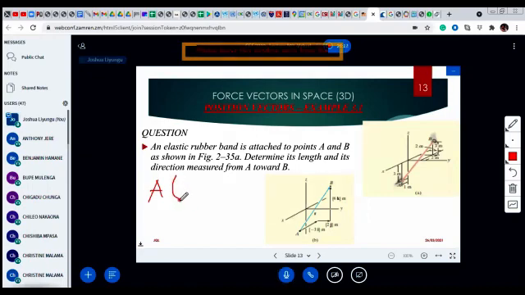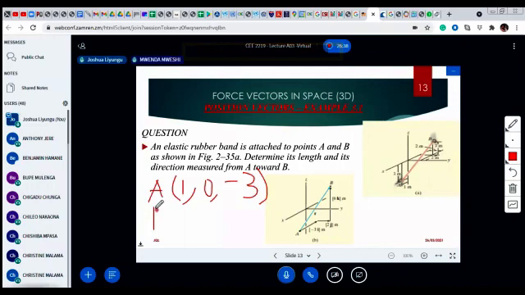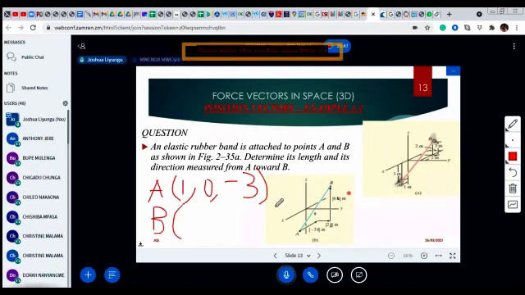So the coordinates for A, when I look at that, I think it's supposed to be positive 1, 0, and a negative 3. Then coordinates for B, when I look at that, is supposed to be negative 2.